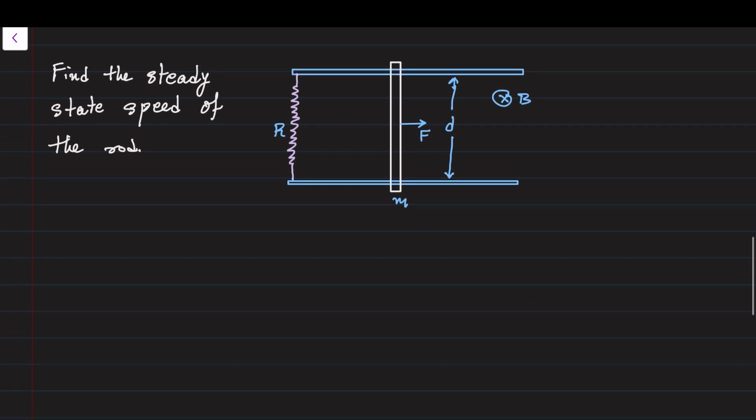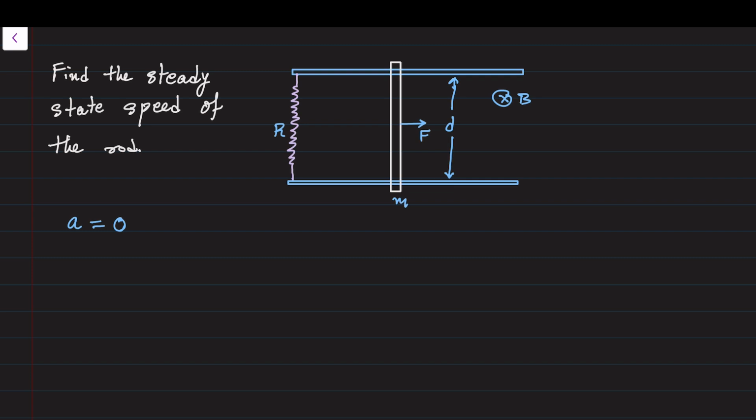This is a very nice question, it seems to be a little lengthy, but it will be solved in only one statement, one line. Same arrangement as in the first question, but here they are asking to find the steady state speed. Steady state speed means constant speed. When any object moves with constant speed, the acceleration is zero.